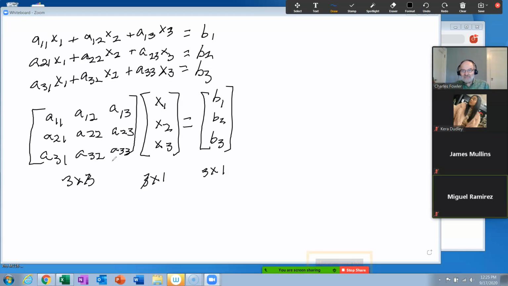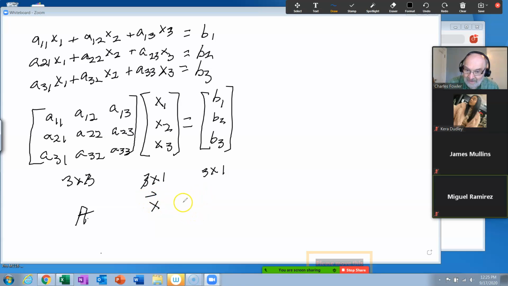Now, we haven't said how this is going to help us solve it, but we've noted this is how you can write that. Now, we give this a name. Our coefficient matrix, we'll call matrix A. And we'll multiply that by, remember I called this a vector?